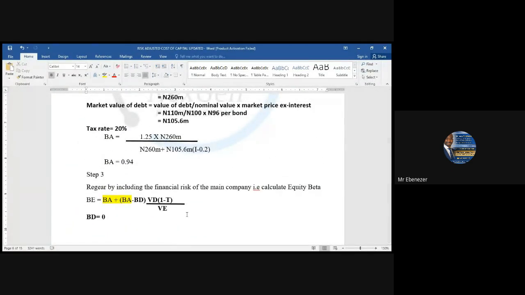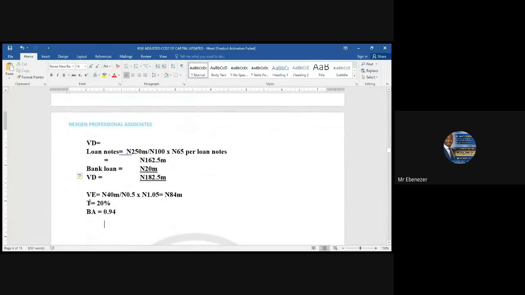Okay, we have to bring in this formula here. So the beta asset, class, what is it? 0.94. Value of equity, 84. Value of debt, 182.5.